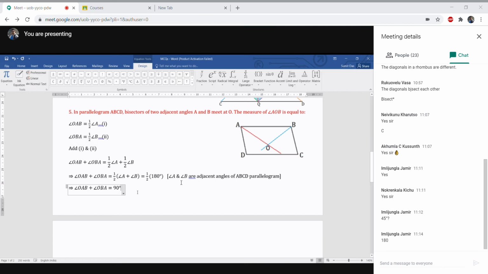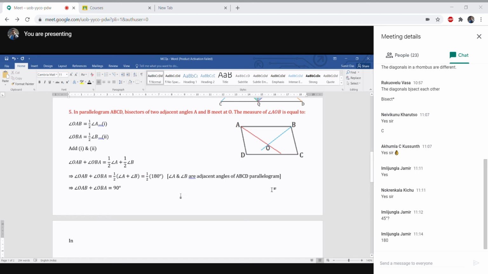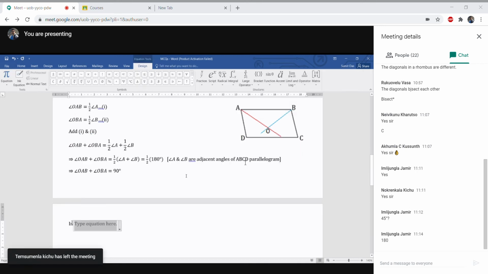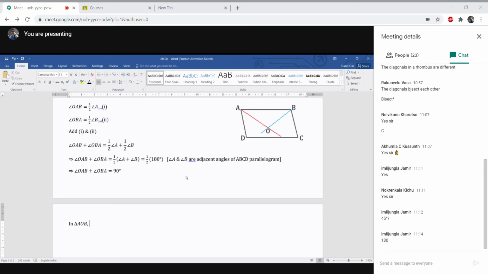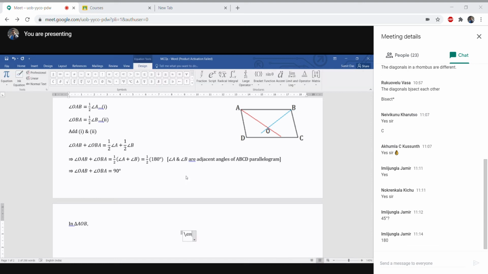Fine. Now, in triangle AOB, angle AOB plus, how much this one?